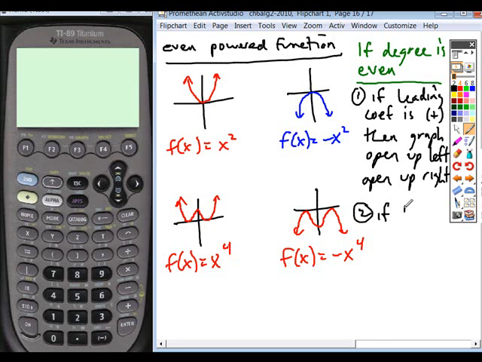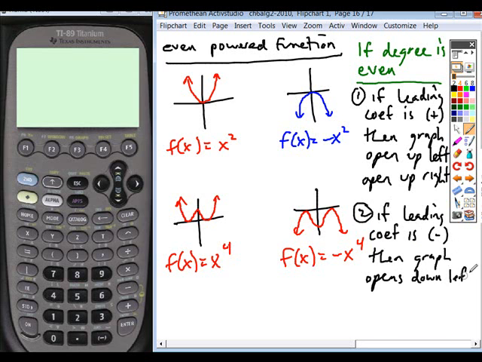Whereas if the leading coefficient is negative, then the graph opens down to the left and down to the right.